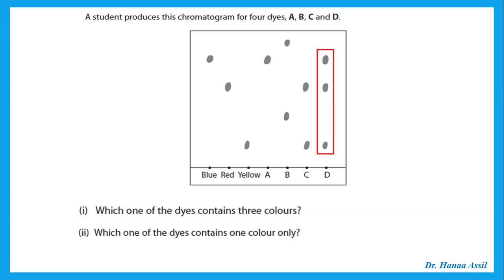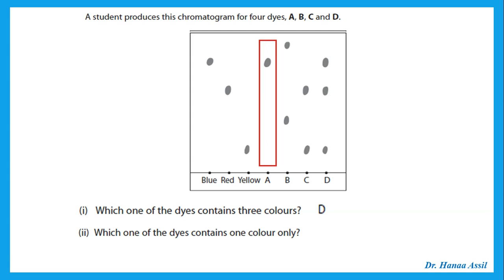It is the one that separates into 3 spots. So the one that has 3 spots, this is the one that has 3 colors, so that is D. Which one of the dyes contains 1 color only? If it has 1 color only, that means it gave only 1 spot. So that is A.